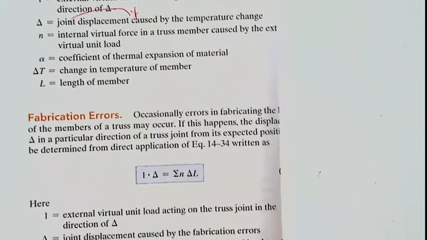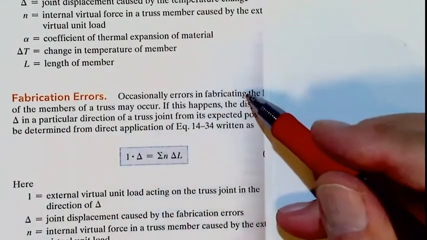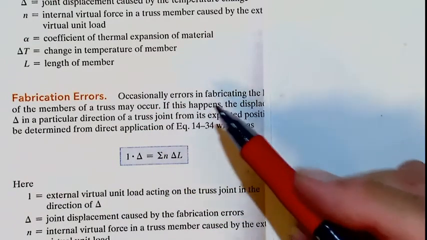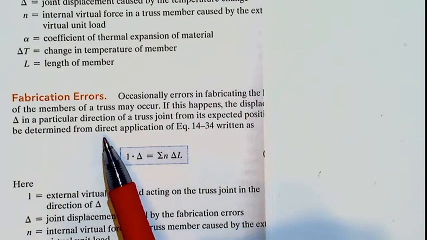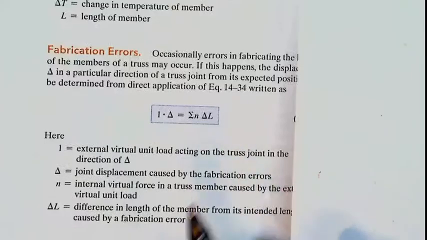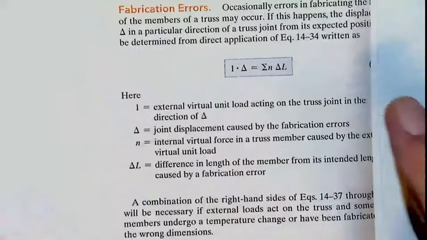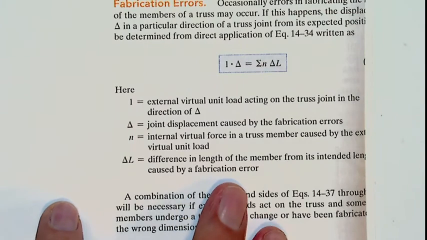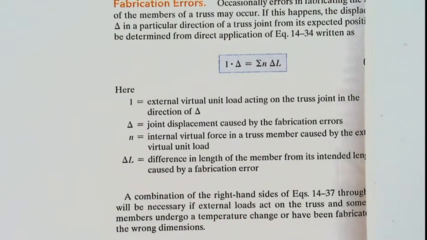Now fabrication errors. Occasionally errors in fabricating the members of the truss may occur. If this happens, the displacement delta in a particular direction of the truss is determined like this: 1 times delta equals summation of n delta L. What is delta L? It's the difference of lengths of the members. Look, please, you go to some company and say, I would like the length of these members to be, say, 1 meter.